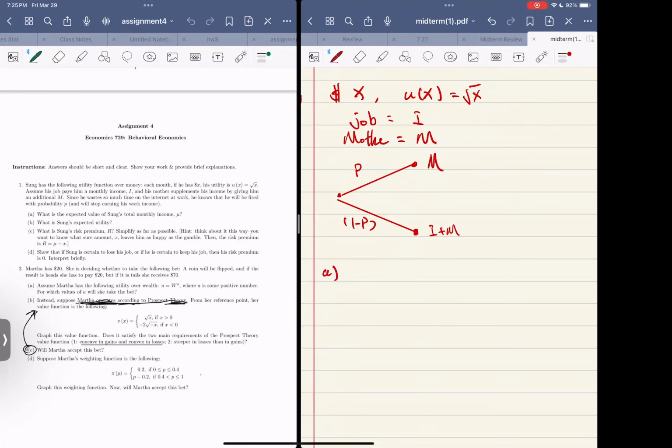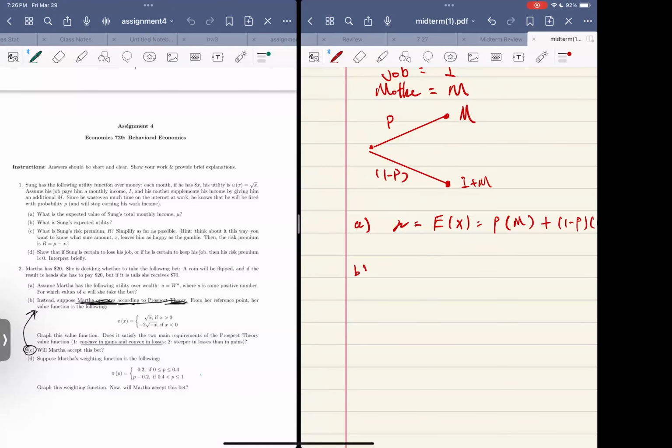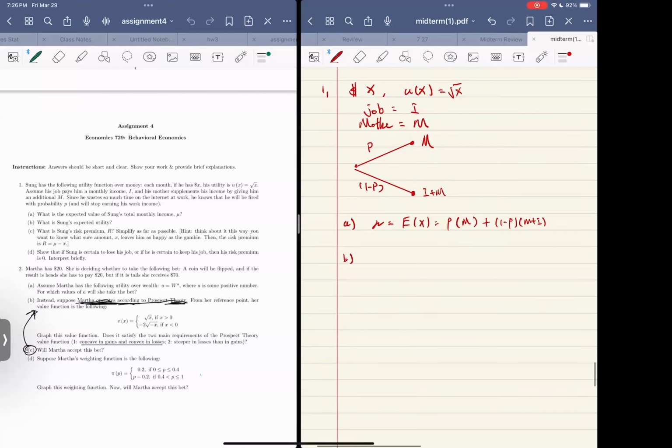Okay, so A, the expected value, mu. Mu equals the expected value of X, which equals the probability of getting fired times M, plus 1 minus the probability, times M plus I. So that's A. B: what's the expected utility?